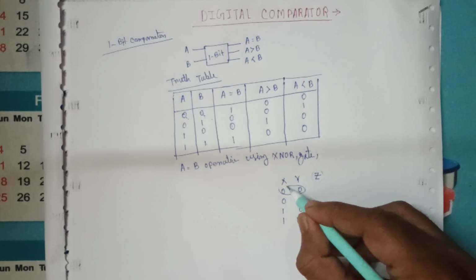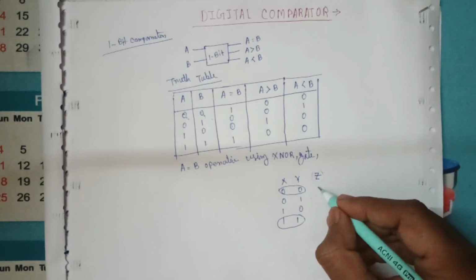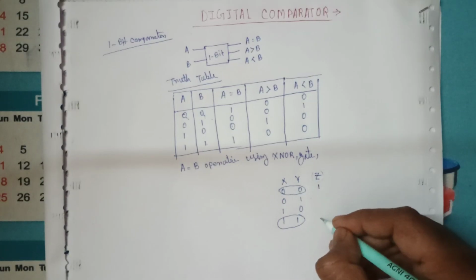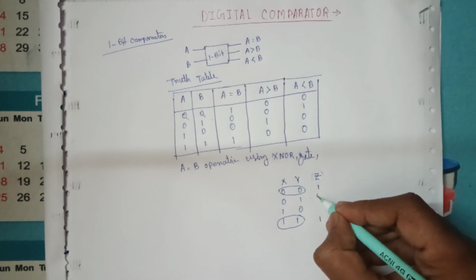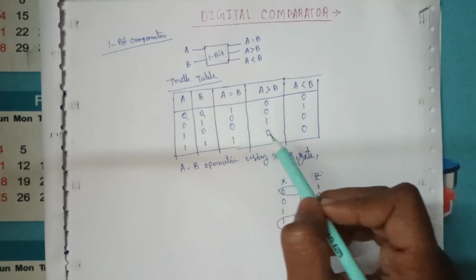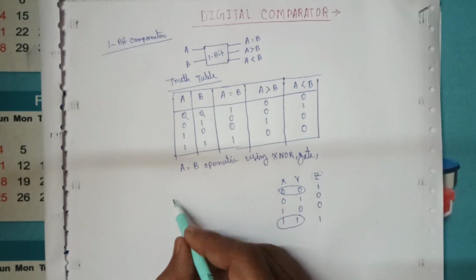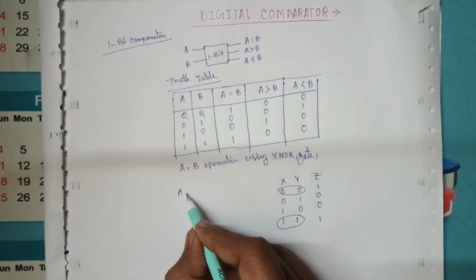So when this condition and this condition is applied, it will provide true. So this one and this one will be 1, and these two will be false. So to prove A equals to B, we are taking XNOR gate like this.